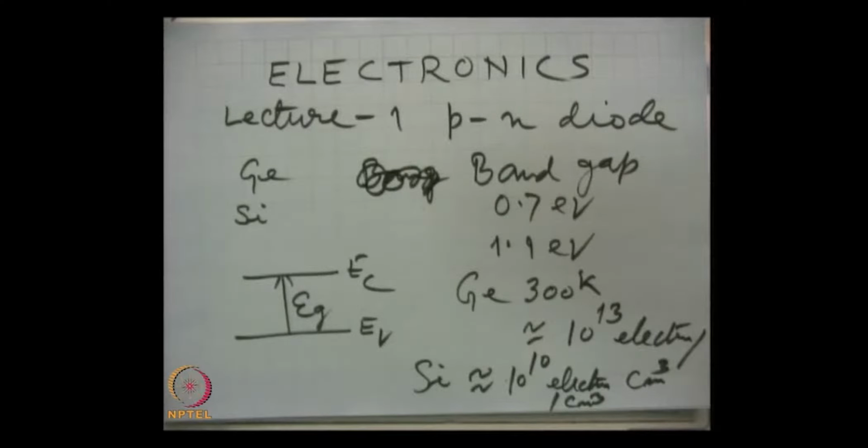which of the two semiconductors is better, and many times they tell me that germanium is better because there are 10 to the power 13 electrons per cubic centimeter, which is 3 orders of magnitude higher than in silicon.